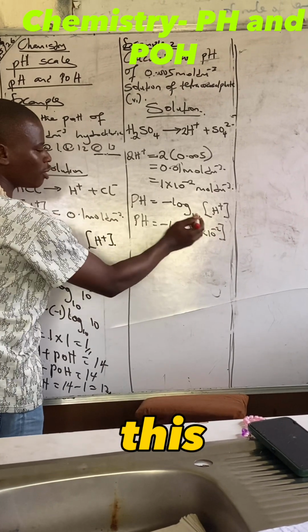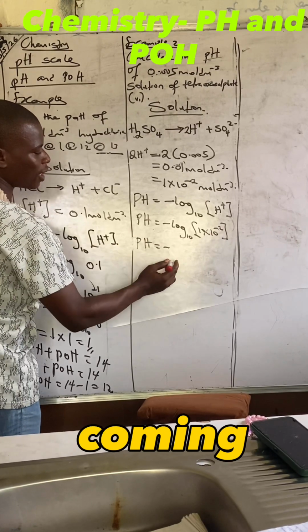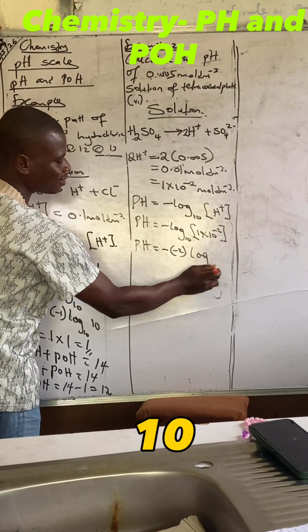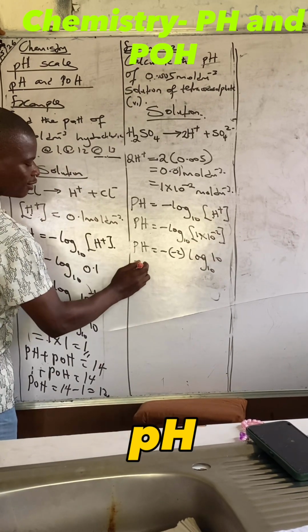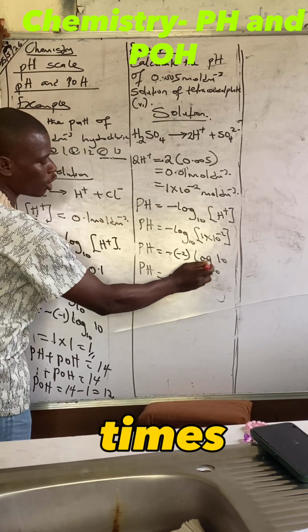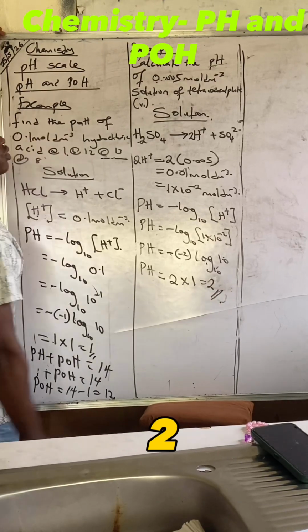So you can bring this minus 2 to the back. So pH is equal to minus, this minus 2 is coming to the back, so that is minus 2, then we only have log10 10. 1 times 10 is still 10. Then pH is equal to minus times minus, plus 2 times log10 10. Log10 10 is 1, and 2 times 1 is 2. So your pH is 2. Thanks.